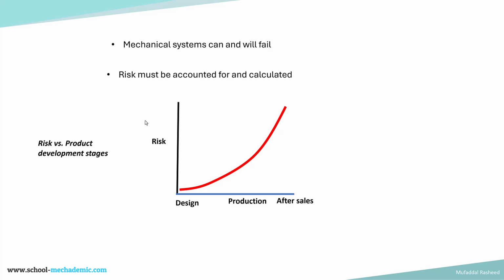But as we go towards the next stage of product development, when the design has been implemented and taken through the production stage, the risk associated with that design or mechanical system increases greatly, and it increases even more when it is in the hands of the customer, that is after sales. Hence, risk is something which has to be accounted for, and risk is in the form of probability of failure. So how do we account for the risk and how do we document it? That is what DFMEA does.